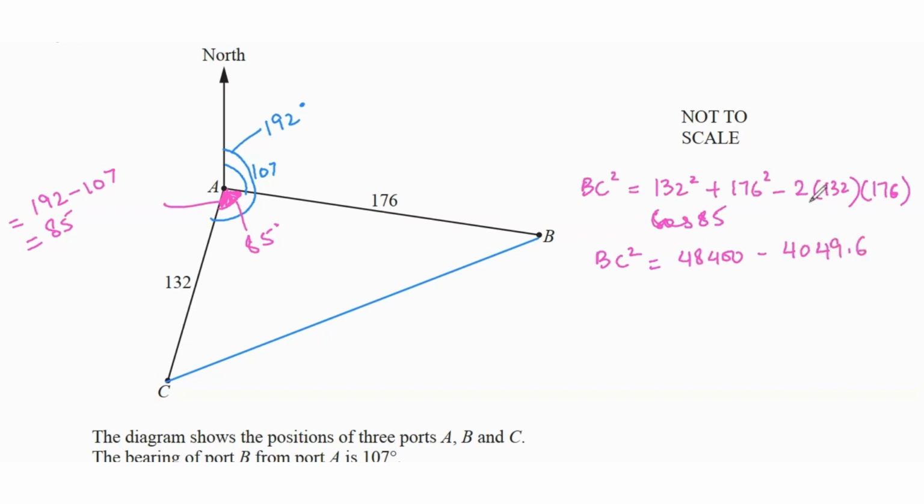You multiply 132, 176 and cos 85 together. Don't do it separately. Just multiply them together and then you subtract that result from the sum of these 2 square numbers. So that's going to give us the square root of 44,350.4, and that's going to be 210.6 kilometers. That is your length of BC.